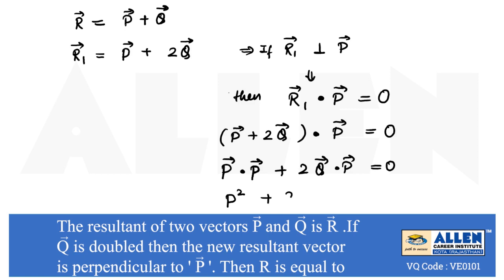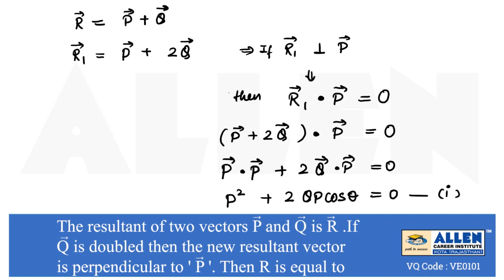And we know the dot product of two vectors, q dot p, can be written as qp cos theta, where theta is the angle between p vector and q vector. So this is the new condition which we are getting with the help of the given condition, that r1 vector, the new resultant vector, is perpendicular to p vector.